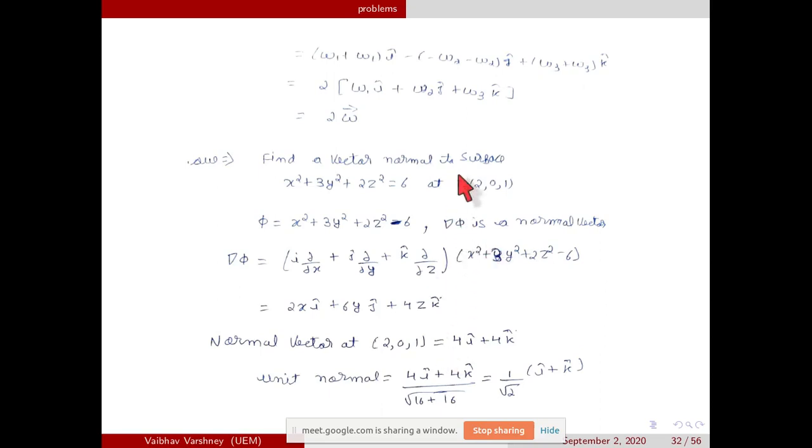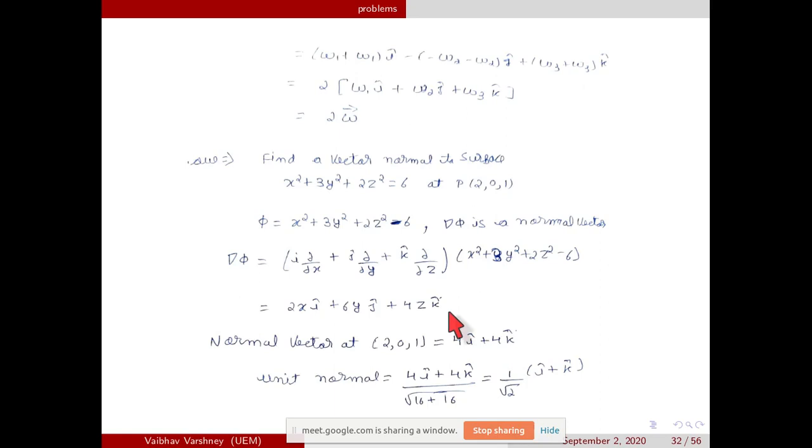Now we have to calculate this vector at the point 2, 0 and 1. When you put this point, the second term goes because y is 0. So this comes as 4i cap plus 4k cap, and this is a normal vector.